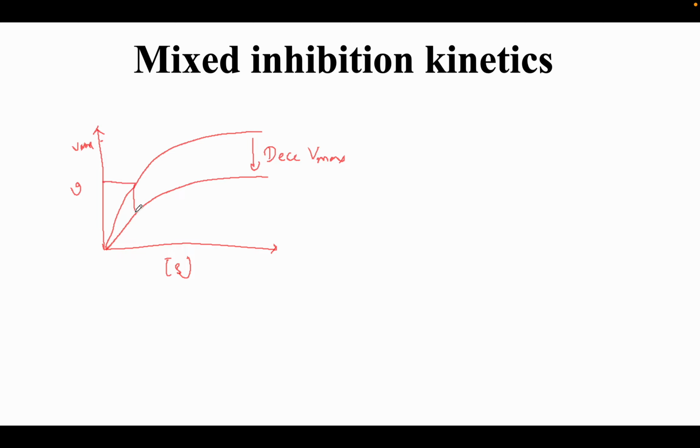And this is the Km. Here the Km will be this, and the Km decreases. The Km with inhibitor is less than the Km without it, and Vmax is decreased. So both Vmax and Km are decreased.